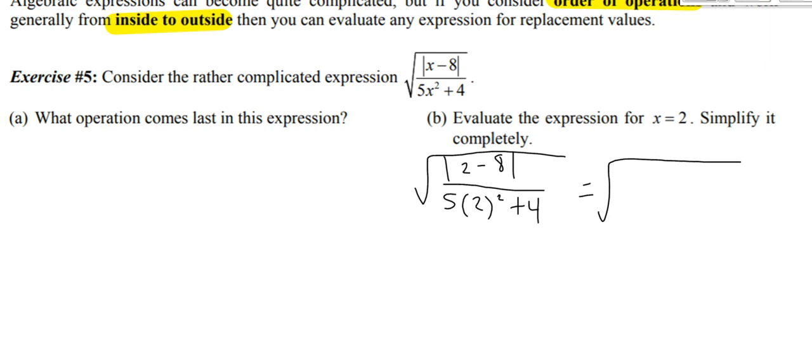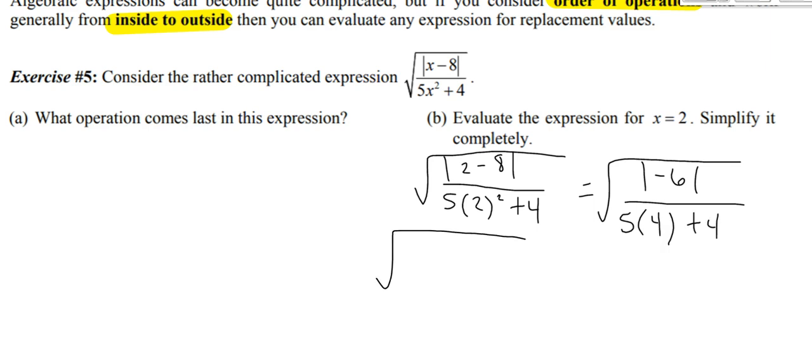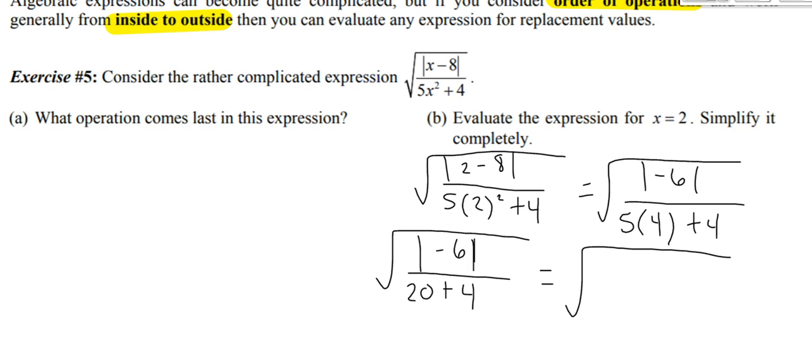So the absolute value of 2 minus 8 is the absolute value of -6, over 5 times, 2 squared gives me 4, plus 4. So I have the square root of 6, since the absolute value of -6 is 6, over 5 times 4 is 20, plus 4, which gives me 24.